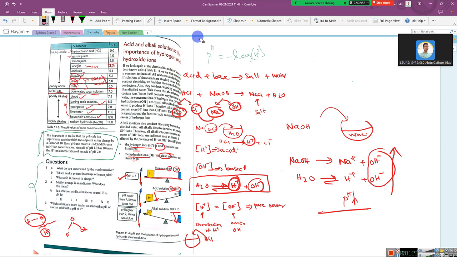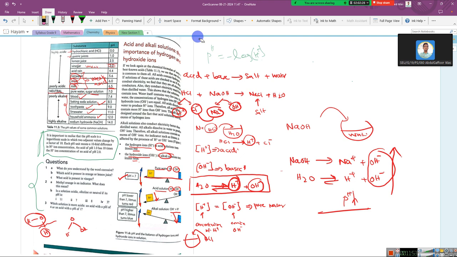So now you see this. It is important to realize that the pH scale is a logarithmic scale in which 2 adjacent values change by a factor of 10. By a factor of 10 means if you increase the concentration of H plus by 10 percent, then pH will increase.